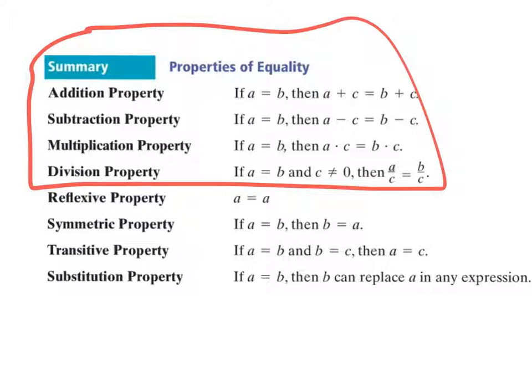The subtraction property is if A equals B, then A minus C will equal B minus C. The multiplication property is if A equals B, then A times C equals B times C. And the division property is if A equals B and C does not equal 0, then A over C equals B over C.